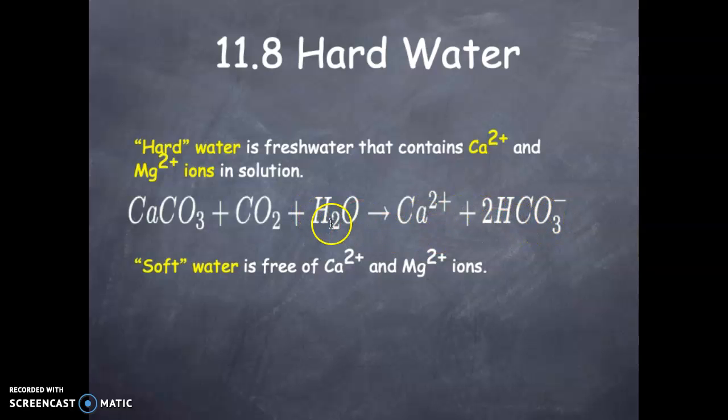This equation is chemically balanced, but the most important thing is we get the calcium 2 plus ion in solution, and we get this bicarbonate ion in solution. Salt water is free of this calcium 2 plus ion. A similar type of reaction will yield the magnesium 2 plus ion.